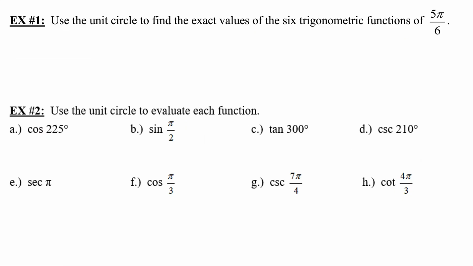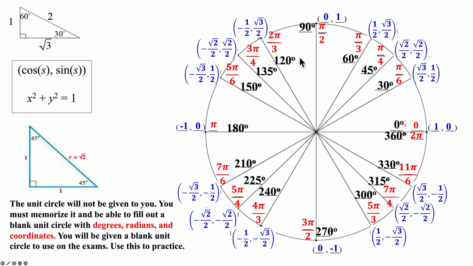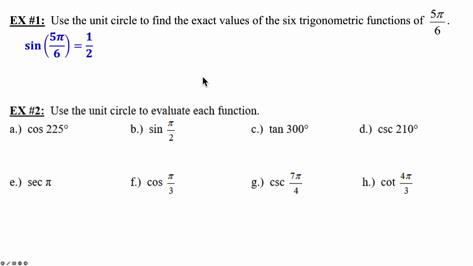All right, so if we use the unit circle to find the exact values of the 6 trig functions of 5 pi over 6, I'm going to go back to 5 pi over 6, that's right here. Sine of s, 1/2, cosine of s, negative square root of 3 over 2. So sine of 5 pi over 6 is 1/2, cosine of 5 pi over 6, negative square root of 3 over 2.